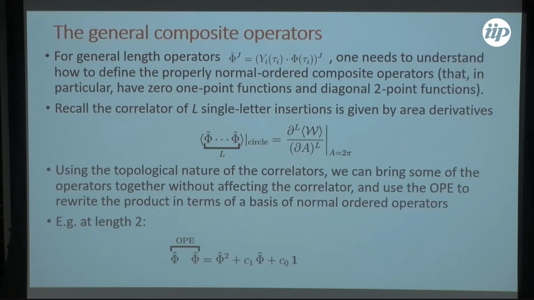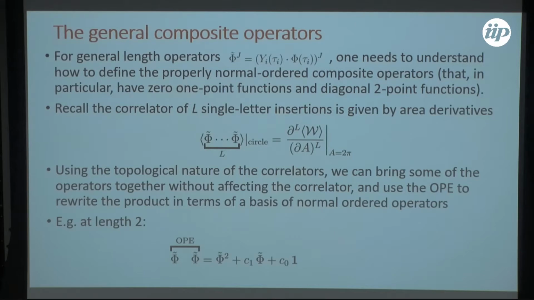So the way to do this is, again, to start with this L area derivatives, where we have the L operators on the line, and then use the fact that the operators are position independent to bring the operators together at one point, and then use the OPE to write that product in terms of the actual normal order operators that you want to find, plus lower length operators which are produced in the OPE.